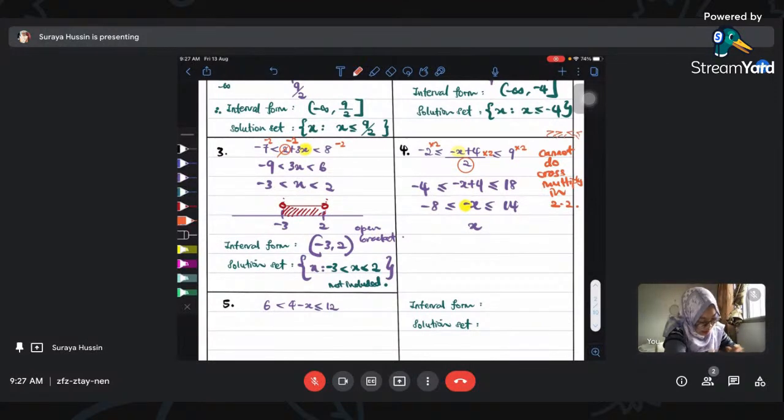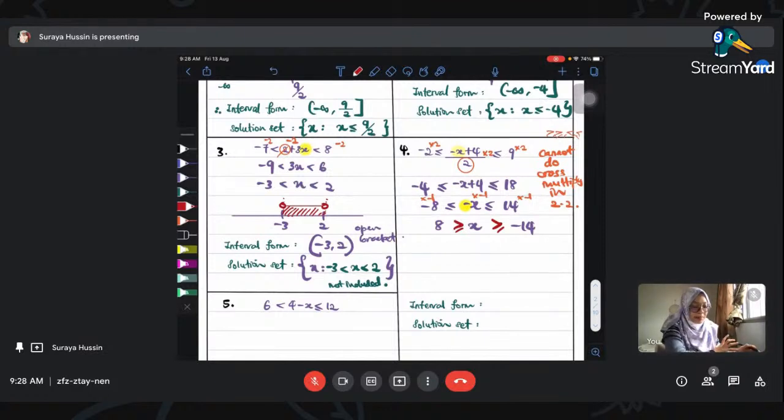The way to eliminate it is by multiplying. You times it with negative 1 for every side, on the left and on the right. You get 8 on this side and negative 4 on this side. Negative 4 is of course smaller, that's why the sign changes.